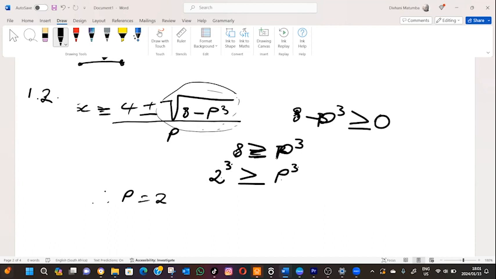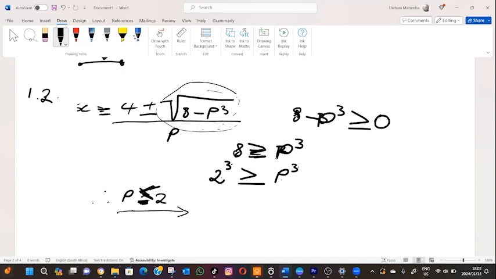Not equal, sorry. P is less than or equals to 2. It must be less than or equals to 2. Otherwise, if it's greater than, then the values won't be real.